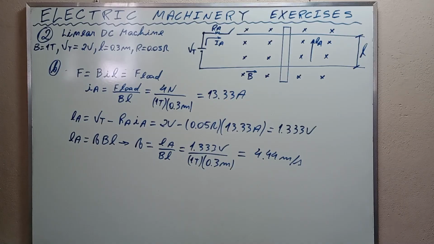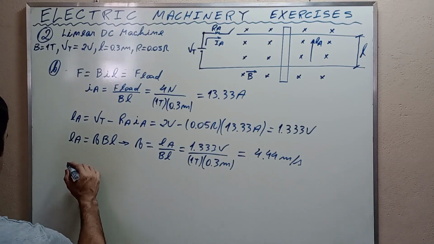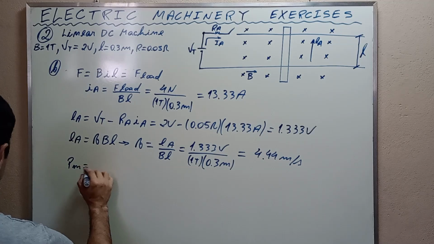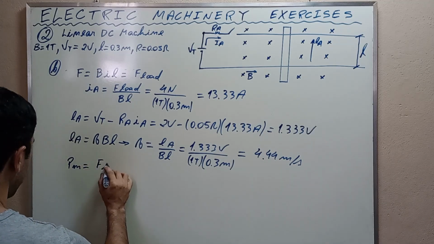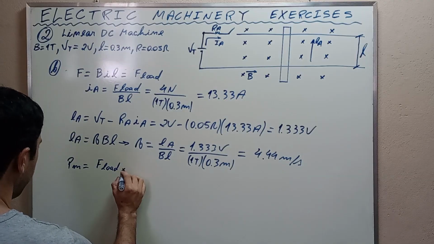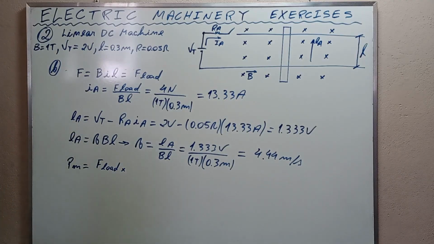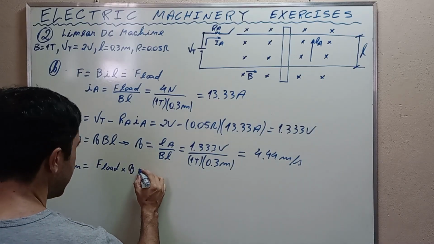We have other things to calculate in letter B. The mechanical power delivered to the load, PM, is equal to F load, the mechanical load of 4 newtons, times the velocity V, which we just calculated.